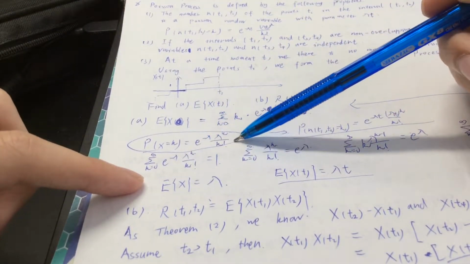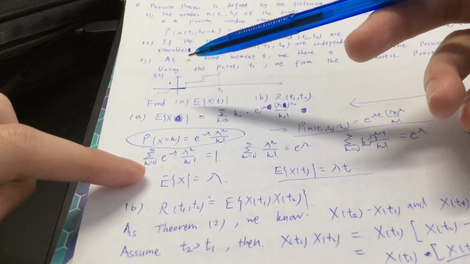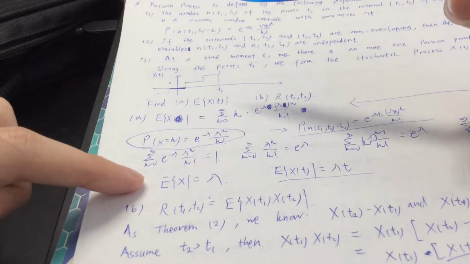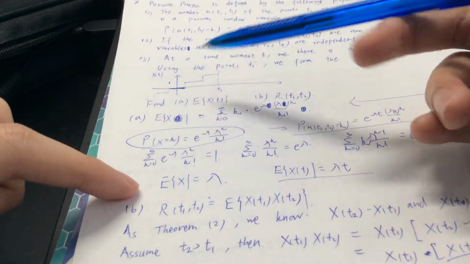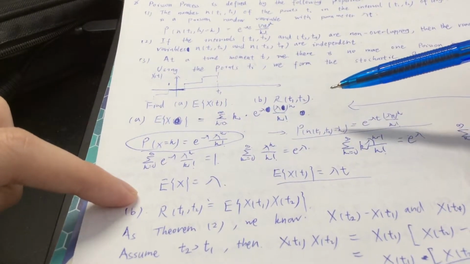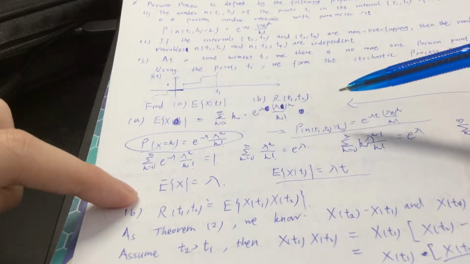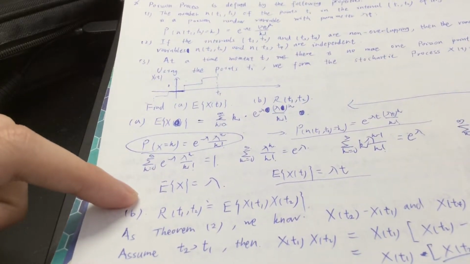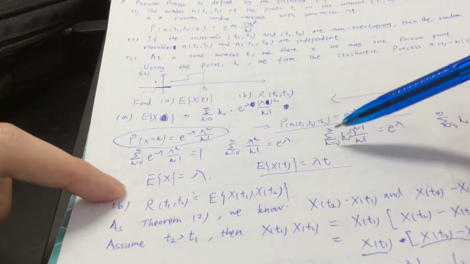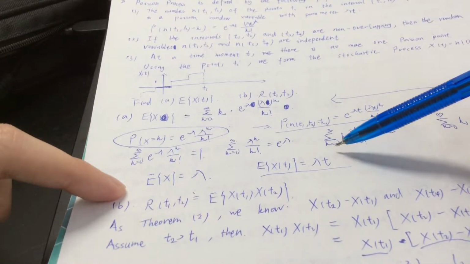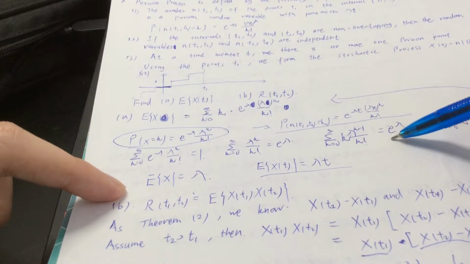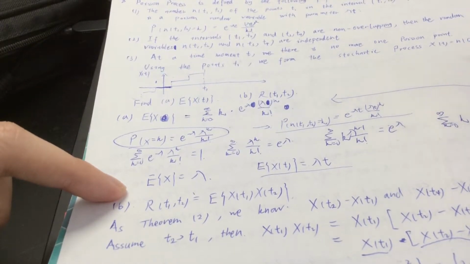Then we can differentiate. As we know the Poisson distribution belongs to this form, through the differentiation we know that for the following processing, the sum over k equals 0 to infinity of k times lambda to the power of k minus 1, divided by k factorial, equals e to the power of lambda.